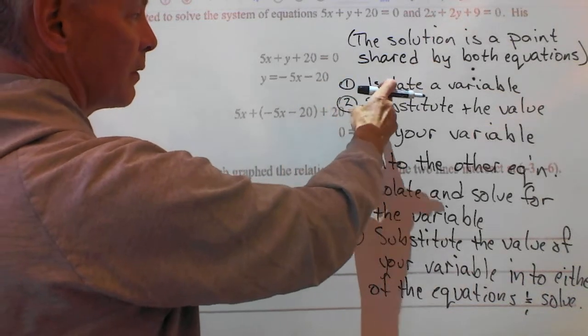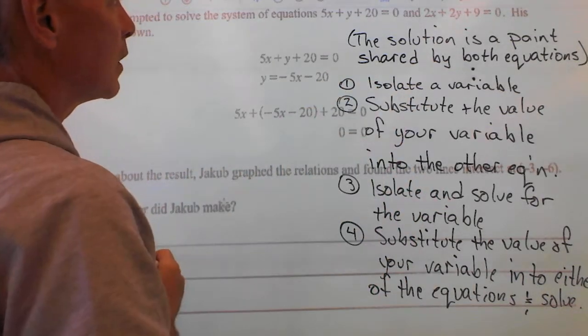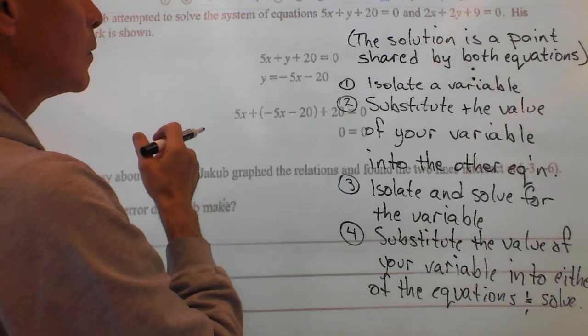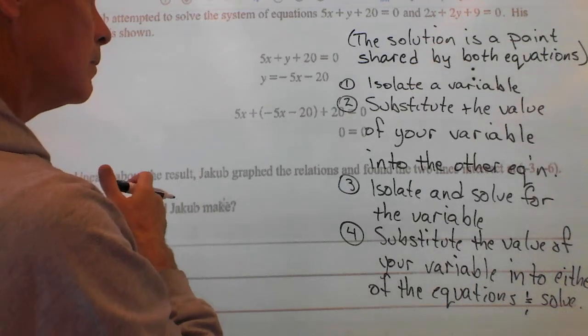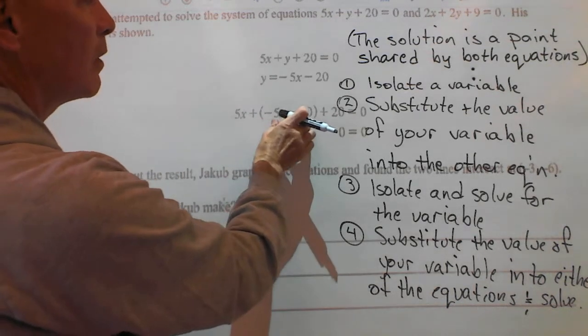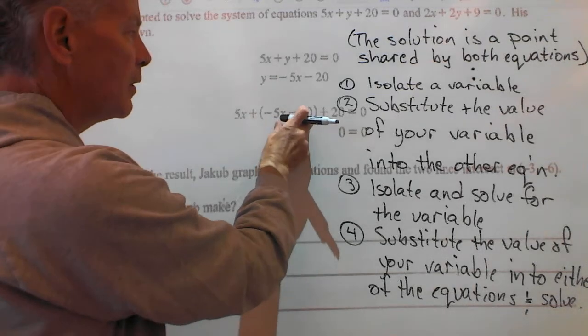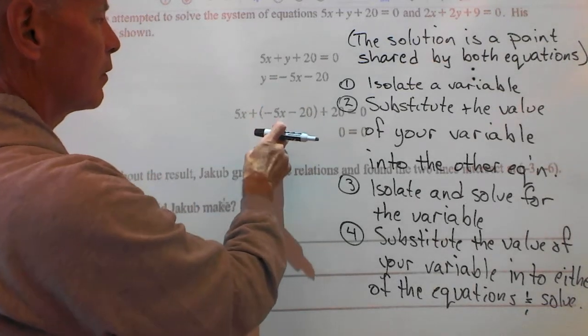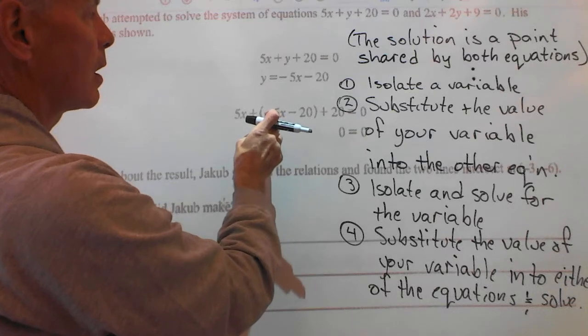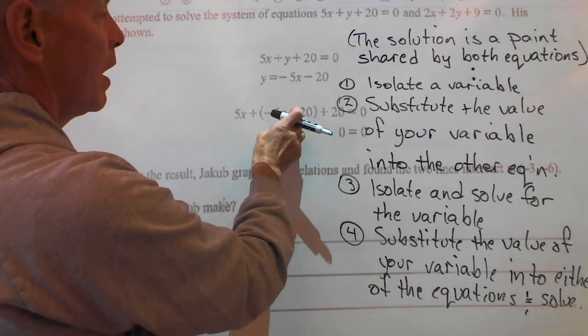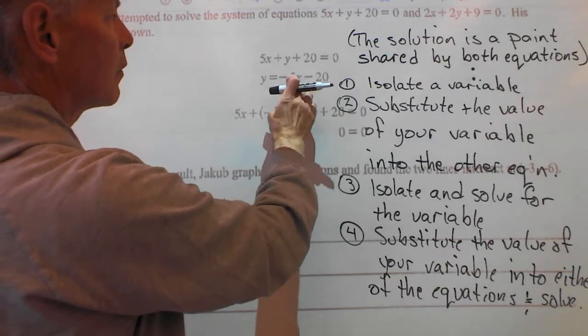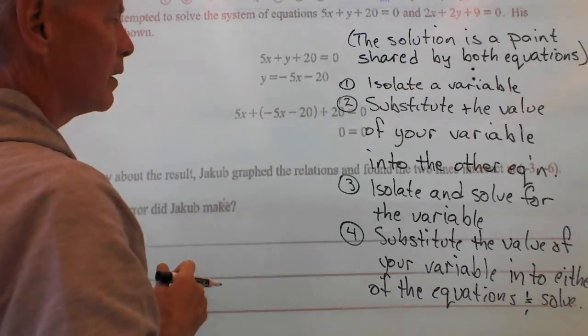His second step, just like our second step here, was he then subbed the value of y into his equation, right? So wherever he sees y, he's subbed in that value for y of minus 5x minus 20.